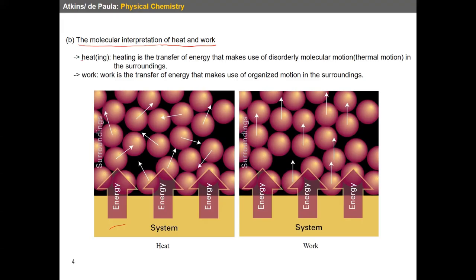So first is heat. Heating is the transport of energy that makes use of disorderly molecular motion. What it means is the thermal motion in the surroundings.